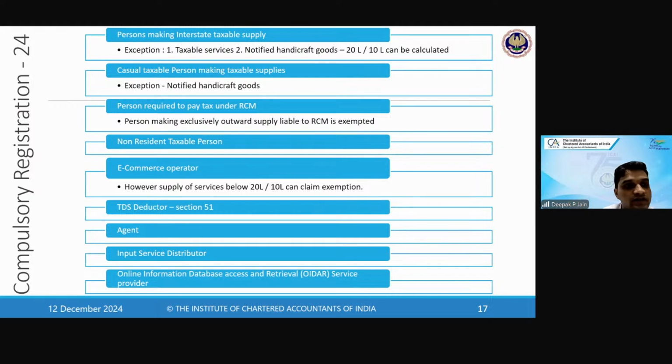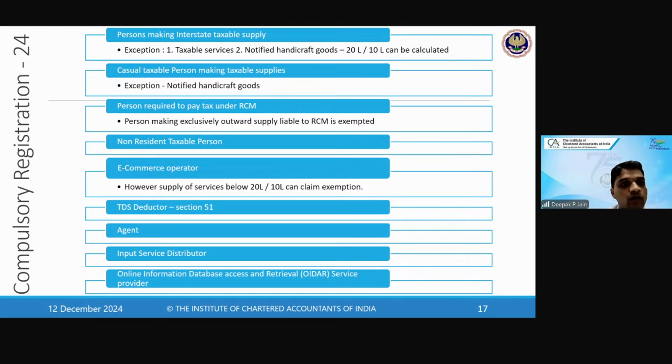He will collect all the invoices from his vendors and then give the credit to its respective branches in a proportion. So the work of ISD, or input service distribution, is to collect the invoices and distribute the credit to its other states.